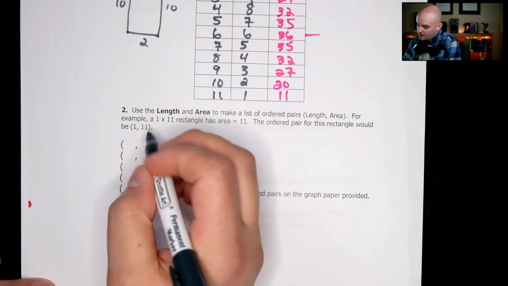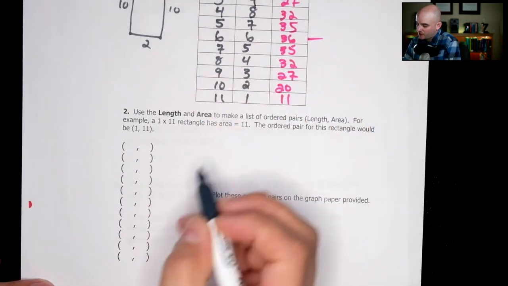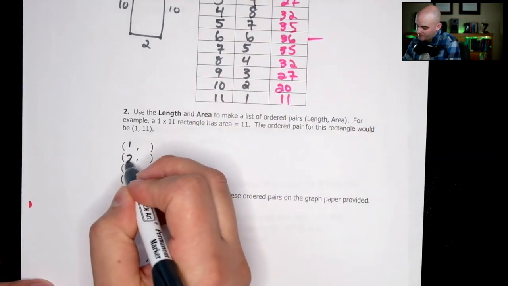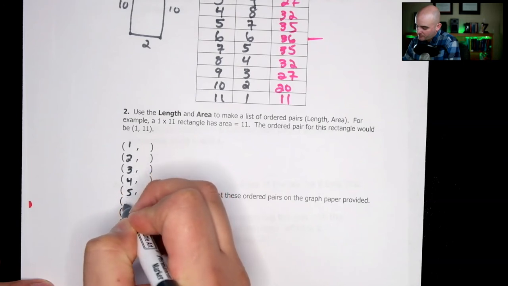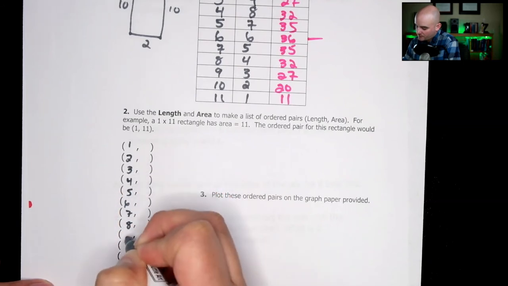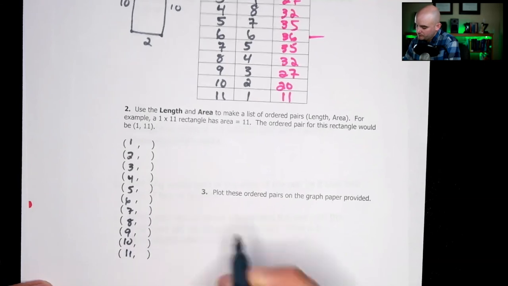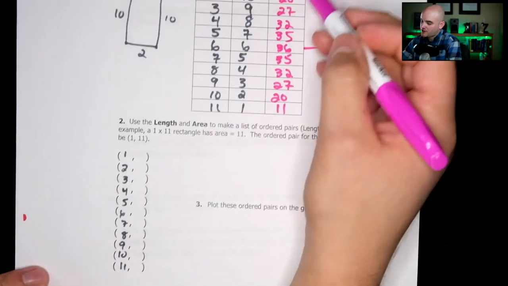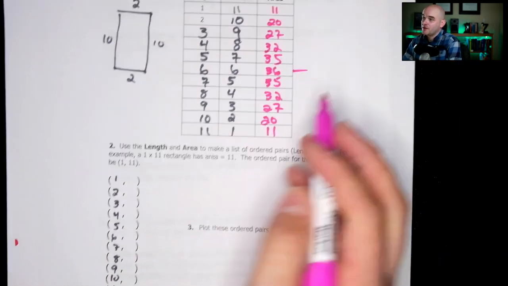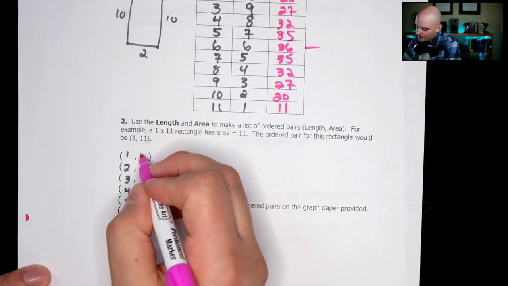So we've got the numbers 1 through 11 right here. And then make sure that you're putting the area, what's written in pink right here, for our y value.